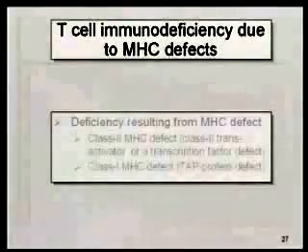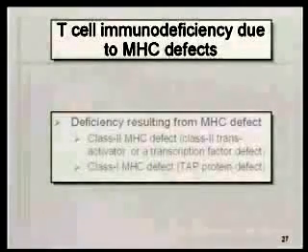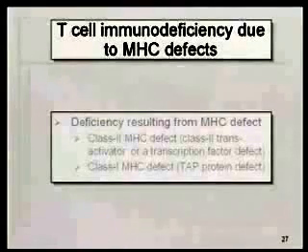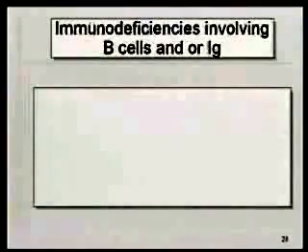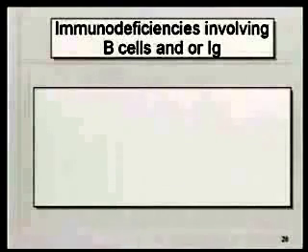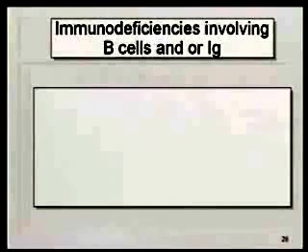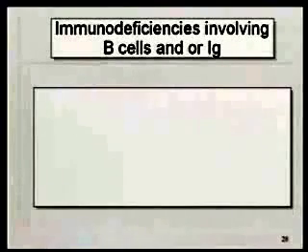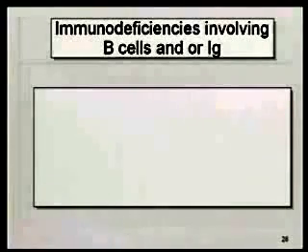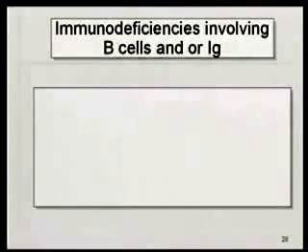So those are some defects that have been described, in addition to the beta-2 microglobulin defect. And the consequence is the same, either CD4 or CD8 cells missing, depending on which MHC is defective. If class 1 MHC is defective, CD8 cells are fewer in number, and if class 2 MHC is defective, then the CD4 cells are few in numbers.